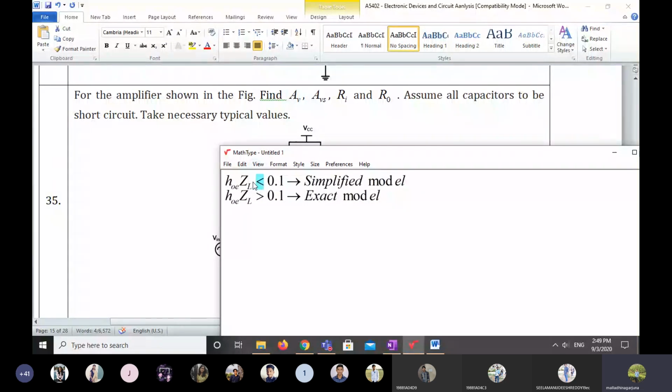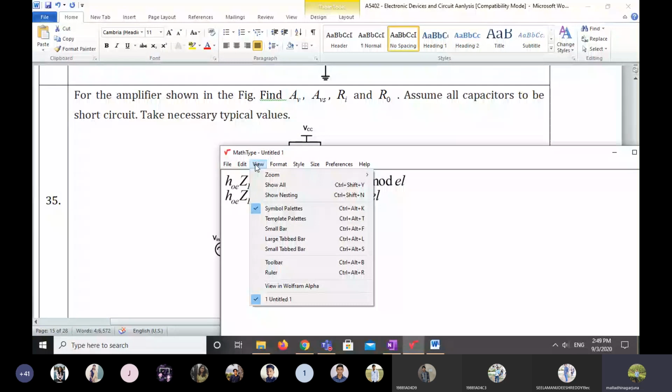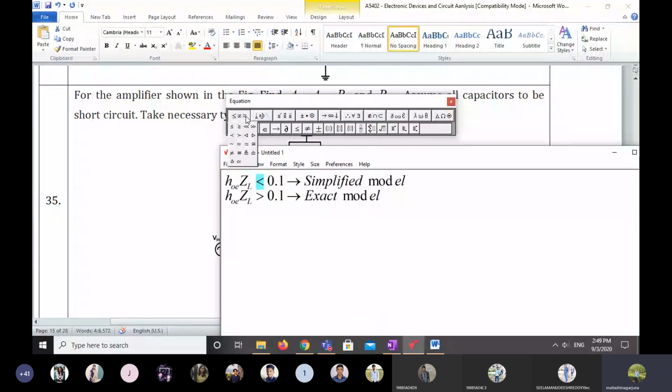So HOE into ZL less than or equal to 0.1, simplified model. HOE ZL greater than 0.1, exact model. So here, what is ZL? ZL is RC parallel to RL.